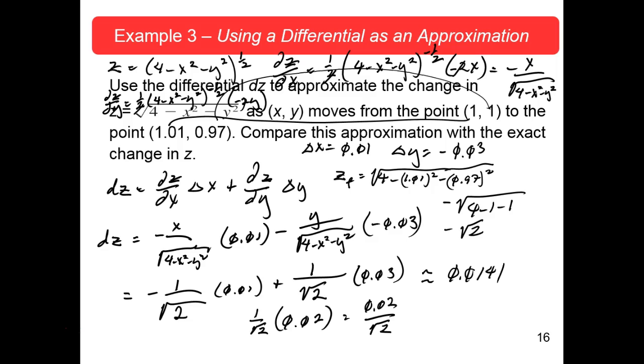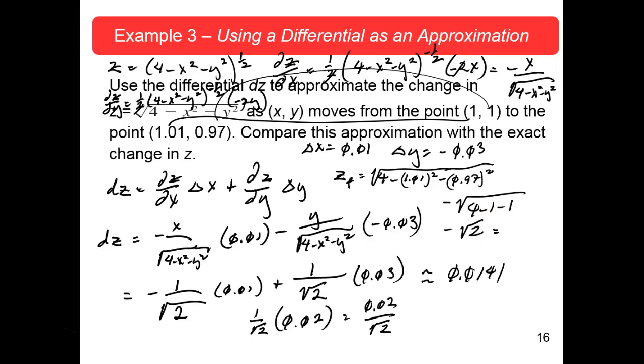Let's start with 4 minus 1.01 squared, minus 0.97 squared. Now take the square root of that.